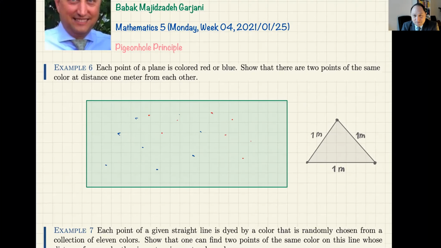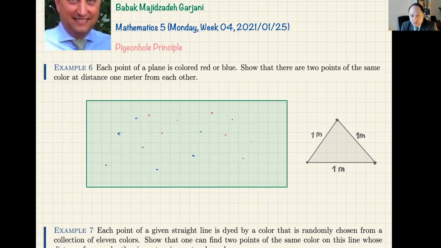Yes, can you just describe it? The distance between the points is 1 meter, and because there are 3 points. Yes. So what is playing the role of pigeons in this problem?